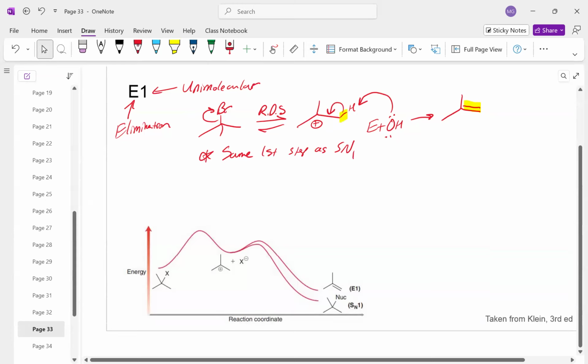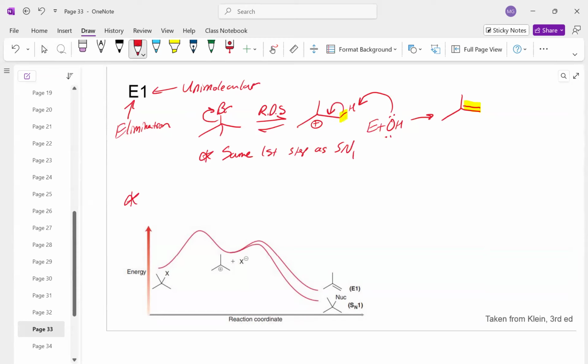Now, in general, and I don't want to say that this is a scientific fact 100% of the time, but in general, SN1 is favored, meaning you'll usually get a lot more SN1 product than you will E1 product. Doesn't mean E1 never happens, it just means you have a lot less of it.